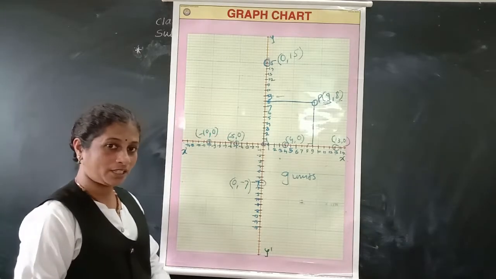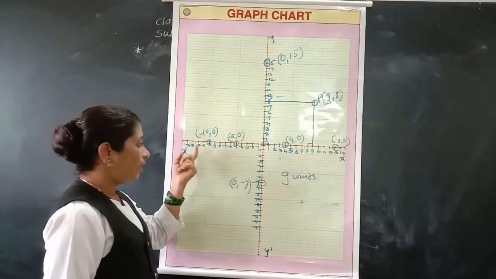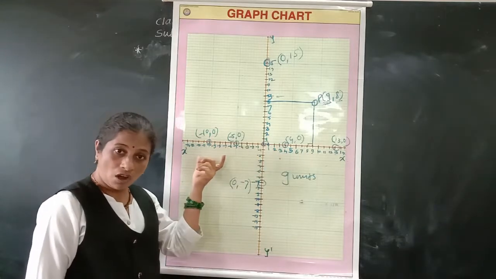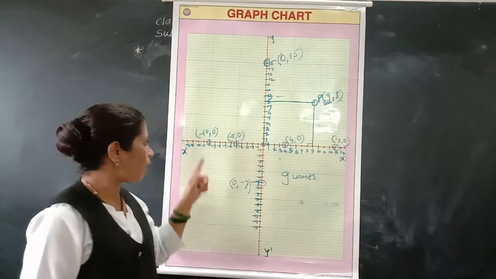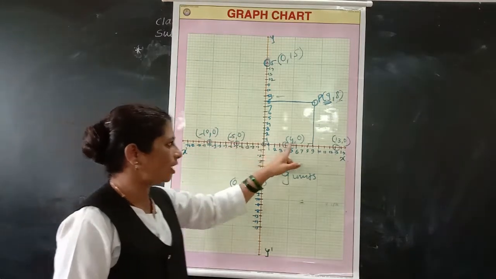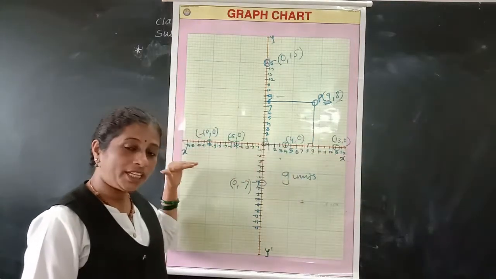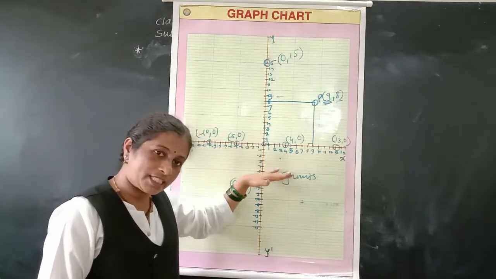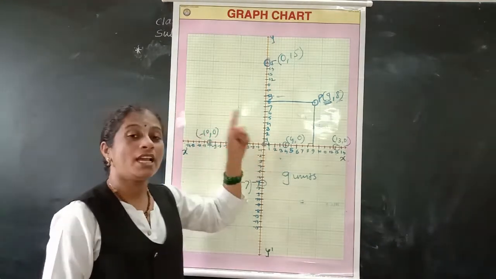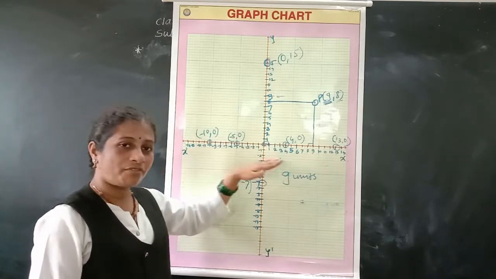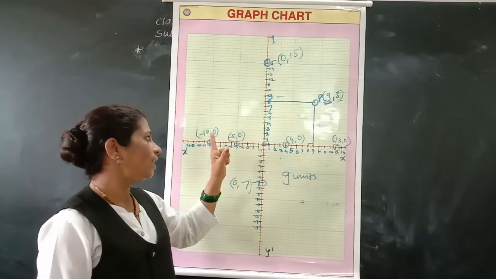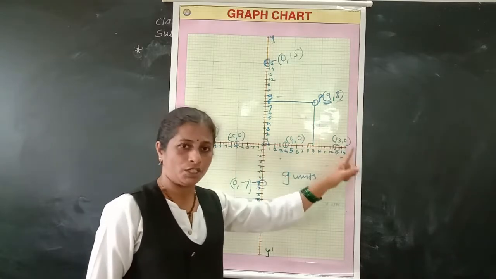So the question will be asked in two types, right? If any point lies on the x-axis, then what will be the ordinate? 0. And when any point lies on the y-axis, then the abscissa will be 0.